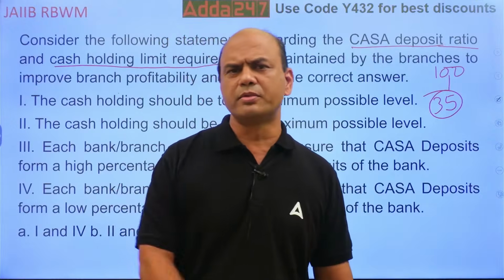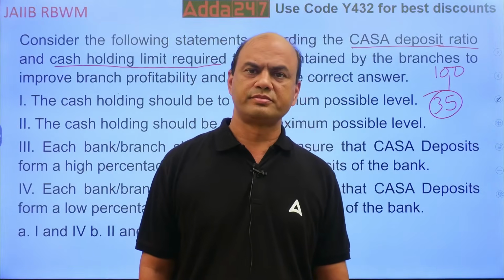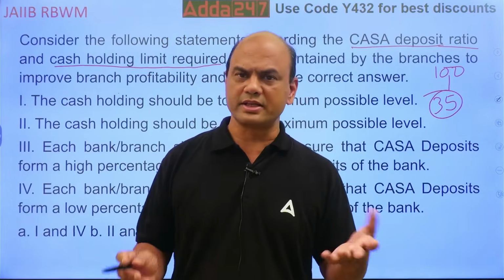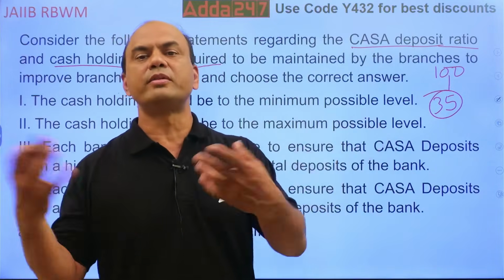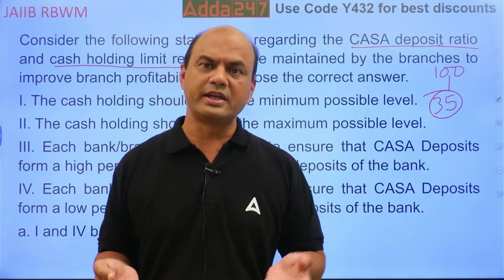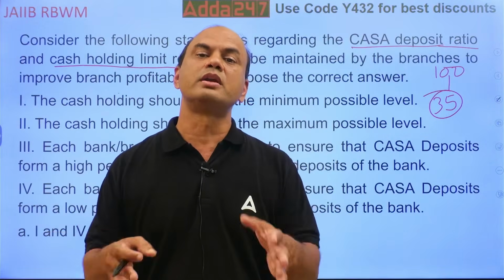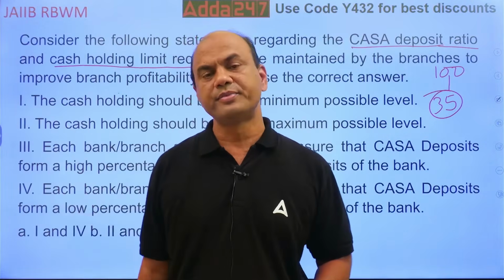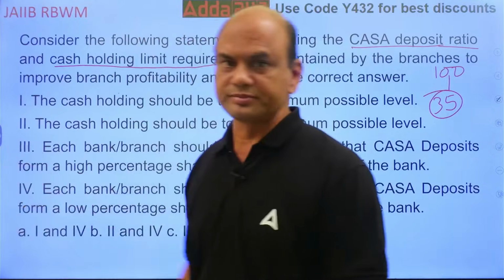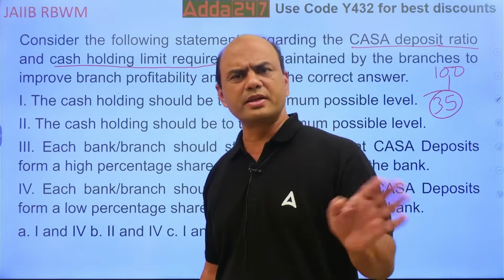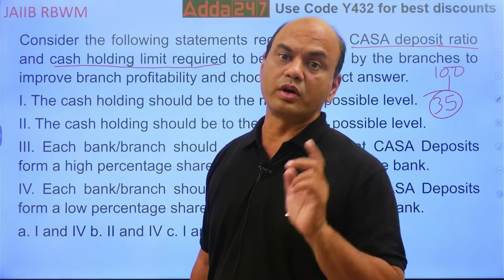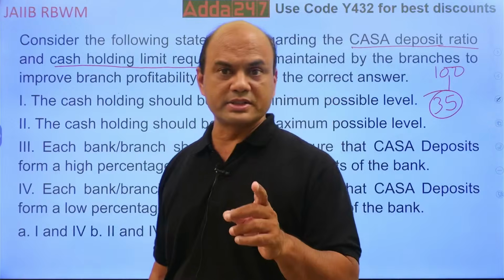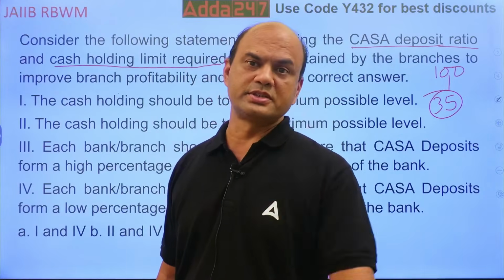This is the basic thumb rule for any bank. Bank or branch, after all, if the branch is maintaining this, then only the bank will maintain it, isn't it? Net everything in the branches is totaled for the overall bank. And regarding cash holding, in any branch, kindly note, your cash holding should not be more than 1% of your total deposits.